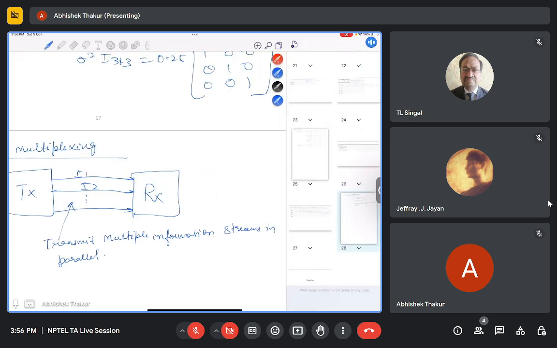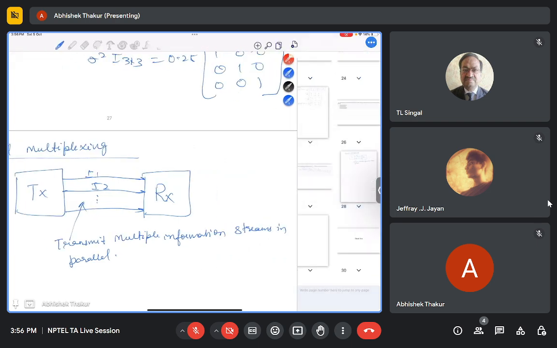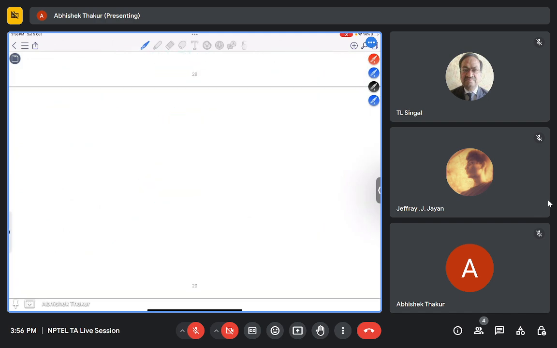Let's take a last question for today's class. Consider a MIMO system with R equal to 3 receive antennas and the noise power given as minus 3 dB.